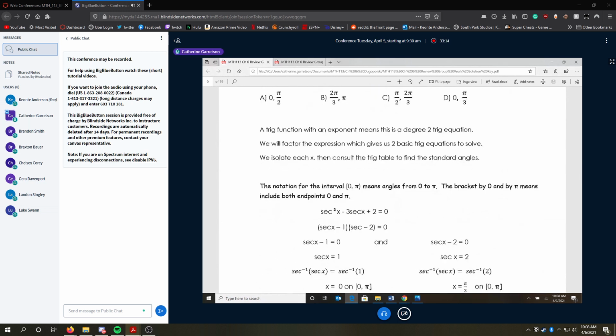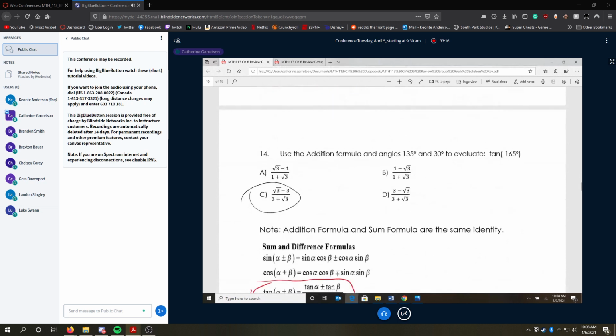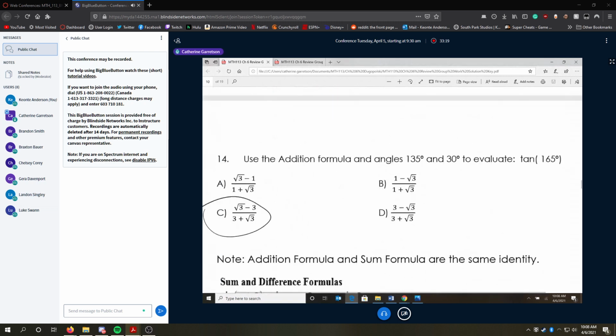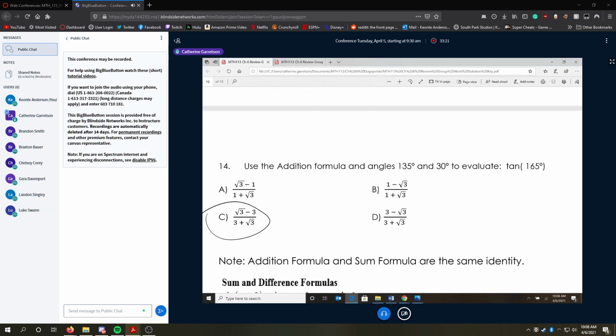All right, so now let's go to the addition. Use the addition formula, which is also called the sum formula, and angles 135 and 30 to evaluate the tangent. So in other words, what they're saying is use these two angles that are standard angles that sum together to give me this particular non-standard angle.